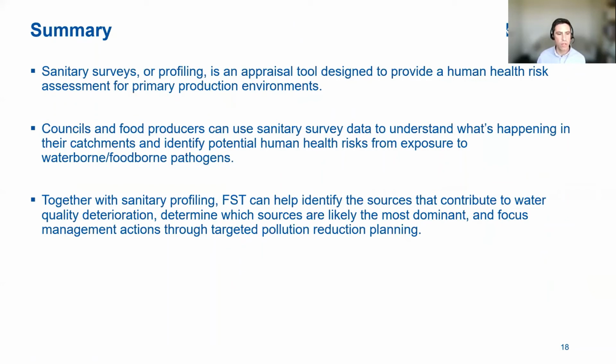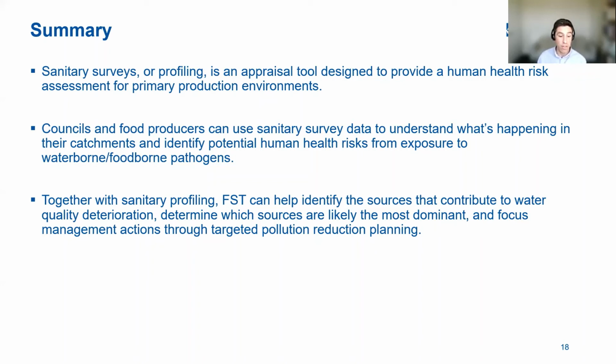So to conclude, I have told you that sanitary profiling is a useful and valuable risk assessment tool that can be used to collect baseline information about the causes of water quality deterioration in primary production. Councils and farmers can also use sanitary survey data to better understand the potential health risks from exposure to pathogens.